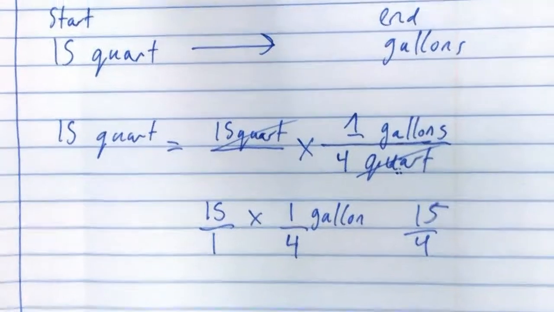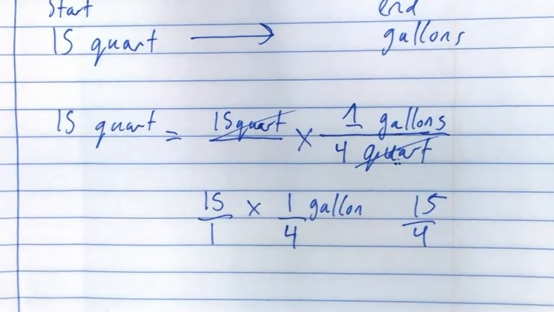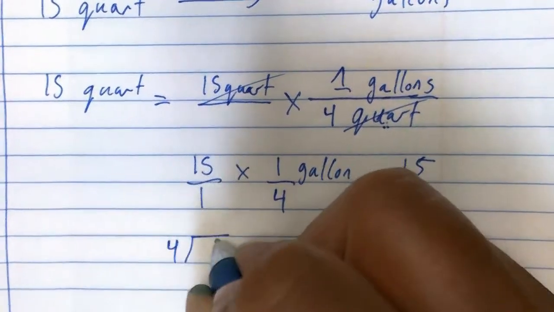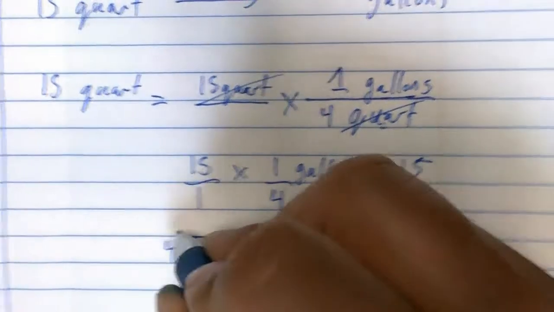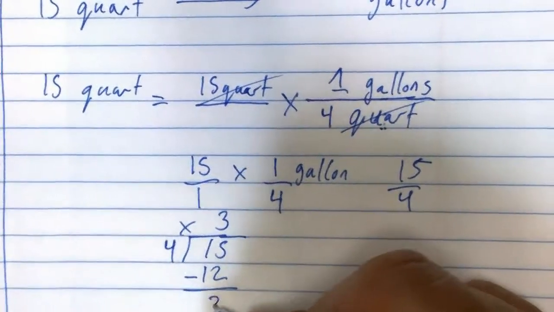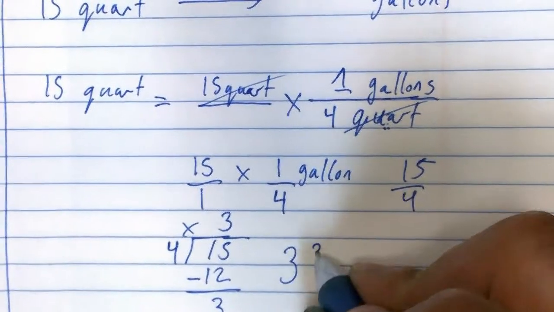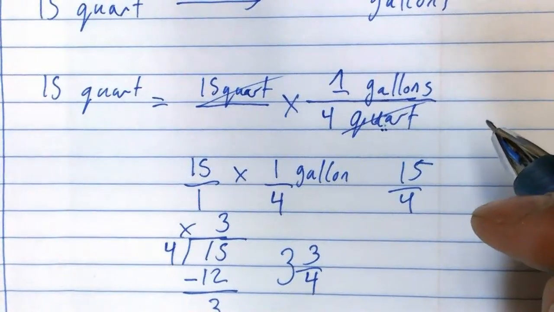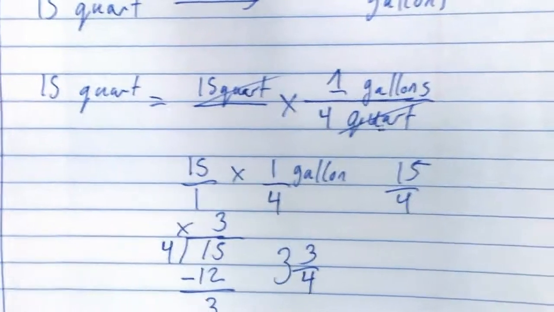Now, this is an improper fraction. Okay. You know you have to divide. Okay. And there you go.